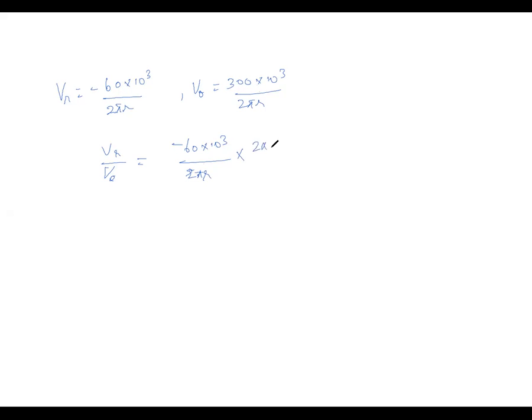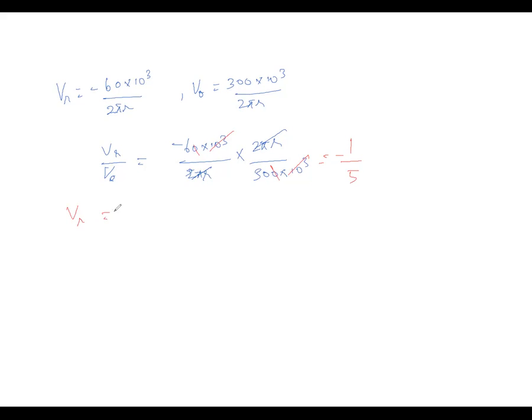So 2 pi r will be in the numerator, divided by 300 into 10 to the power of 3. This will be cancelled. Then here it is equal to minus 1 by 5 r.